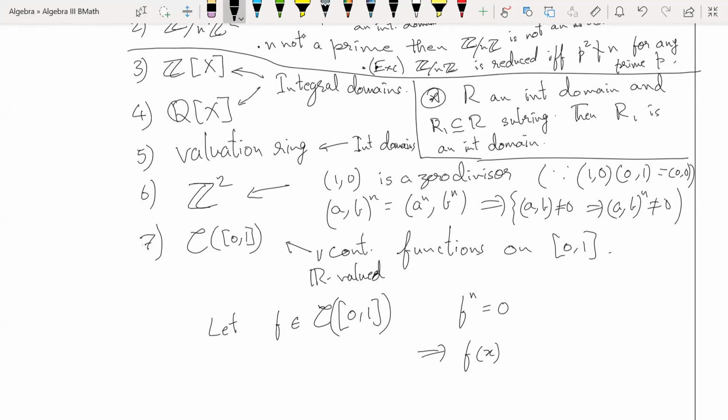We know the multiplication is in some sense component-wise, so f^n is identically the 0 function.